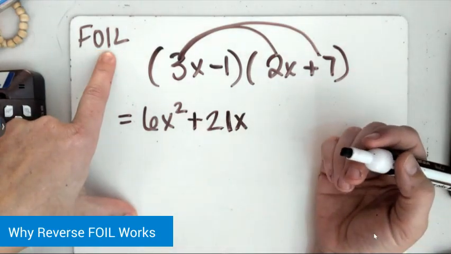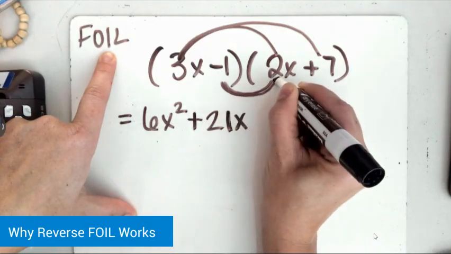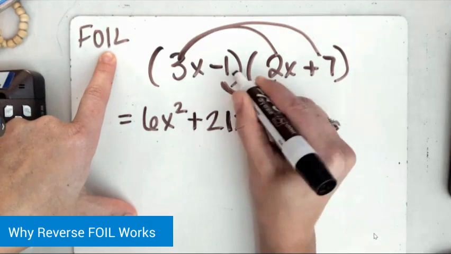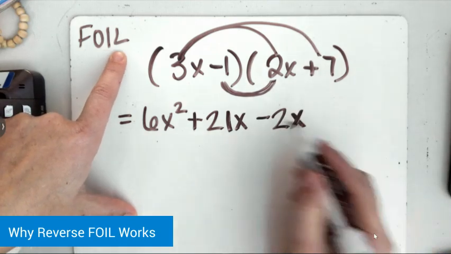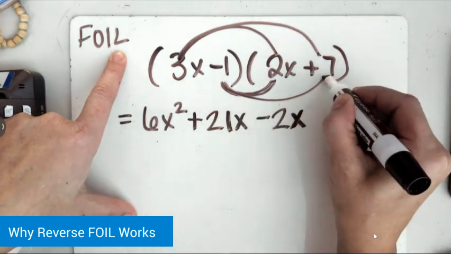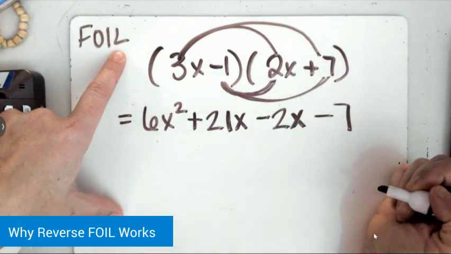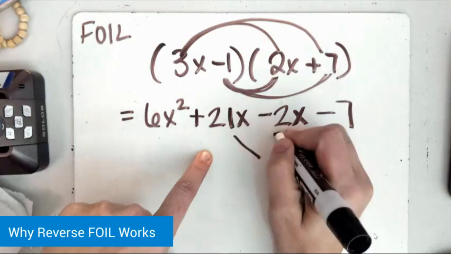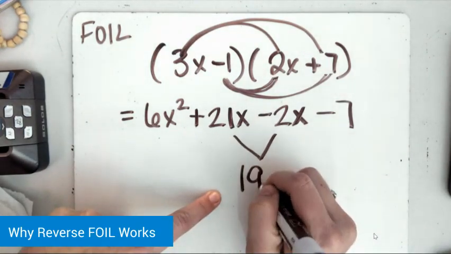I stands for inner. Yep. The inner numbers. So negative 1 times 2x is? And then L stands for last. The last times the last is going to give me? And then I would combine these two to be positive.